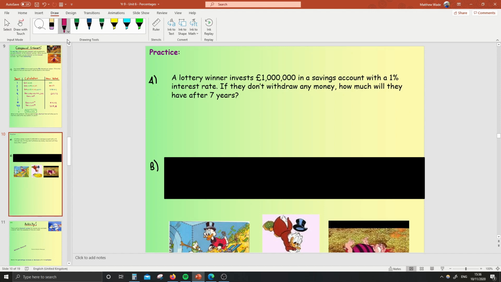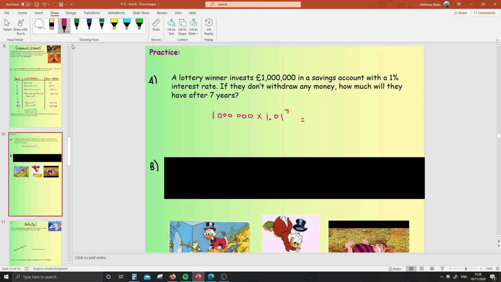Well, here's the calculation, guys. What are you going to write? Well, to start with, you're going to write your million. We're going to multiply it, because it's a multiplier, by the multiplier. 1%, well, 100 plus 1 is 101%. As a decimal, 1.01. How many years do we do it for, though? 7. Boom, let's see.